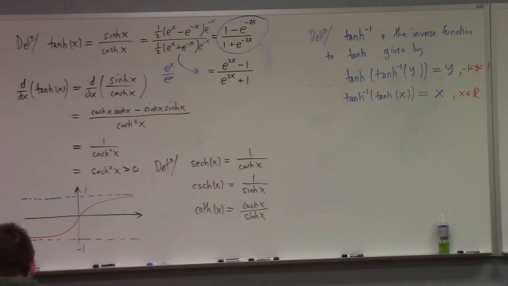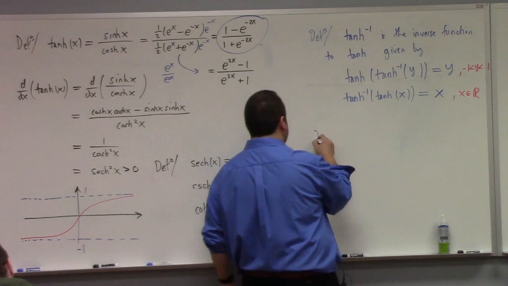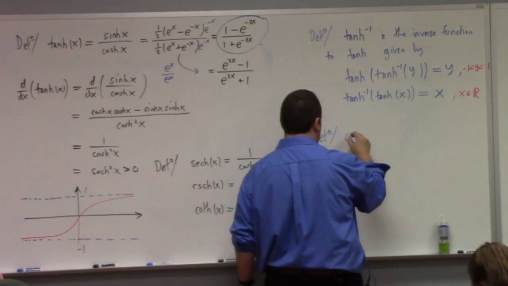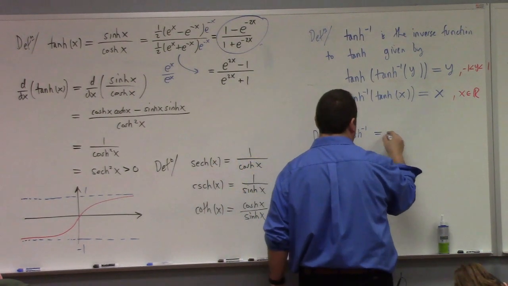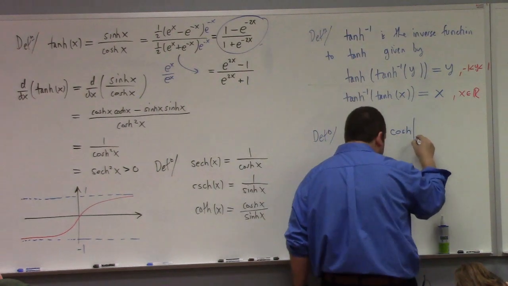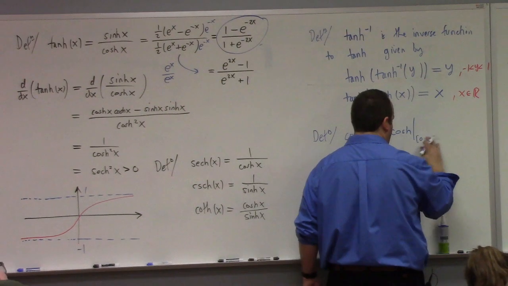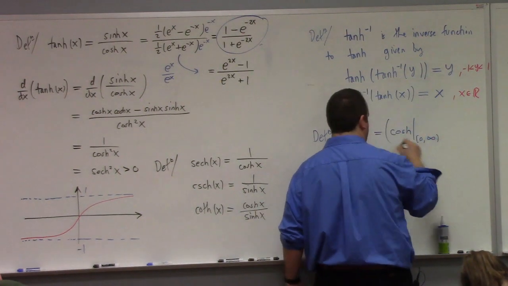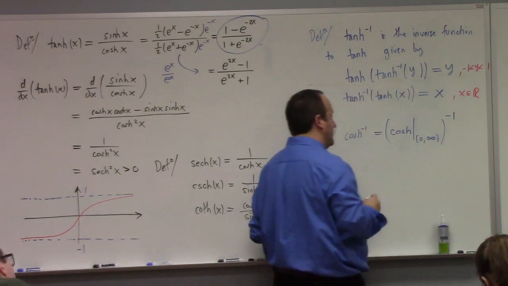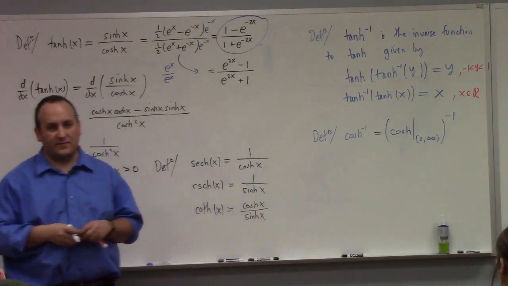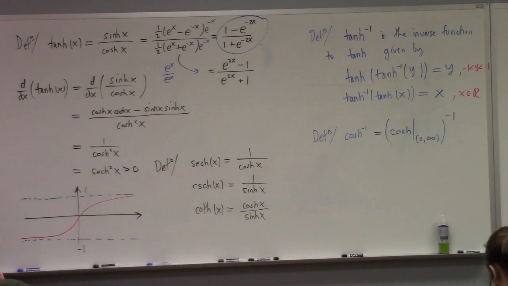So here it is. Cosh inverse is actually equal to hyperbolic cosine restricted to 0 to infinity, inverse.